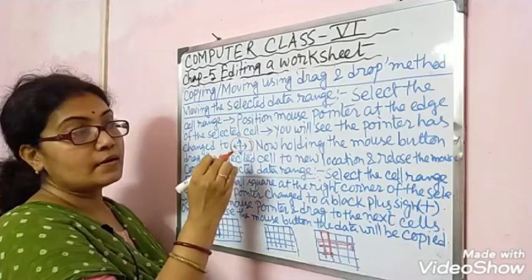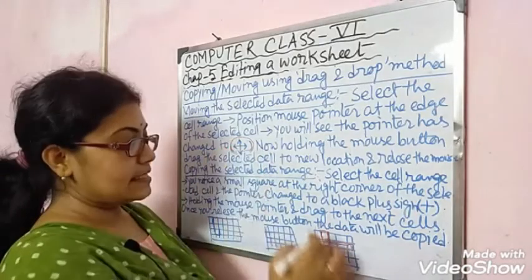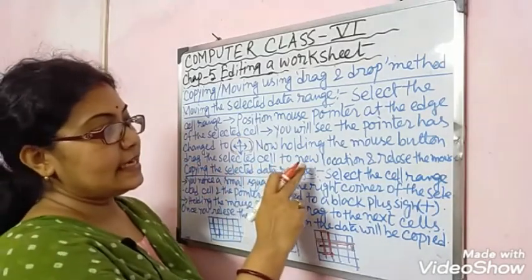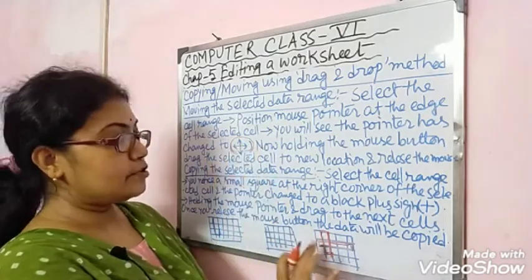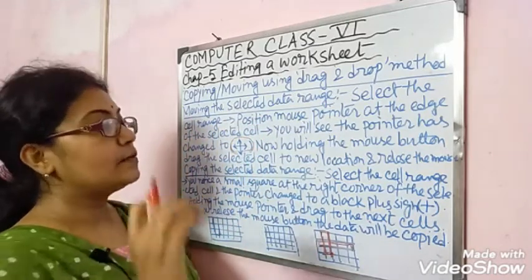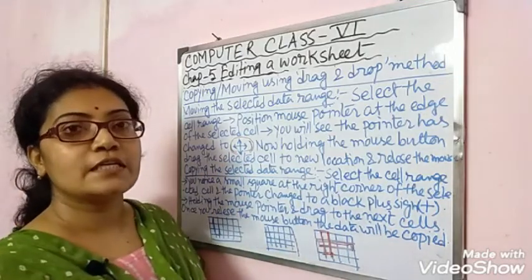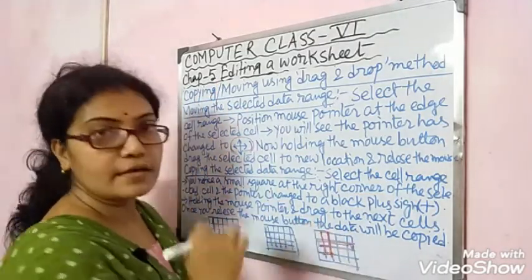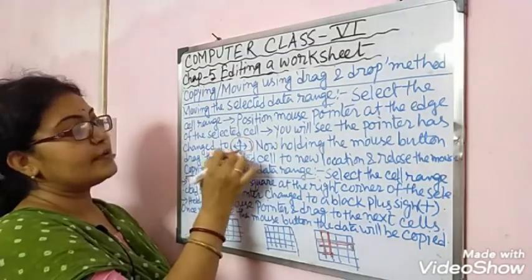Now holding the mouse button, drag the selected cells to the new location, and when we reach the selected location, we release the mouse button. We can see the data is shifting from here to there. Understand? Select first, then this will come.